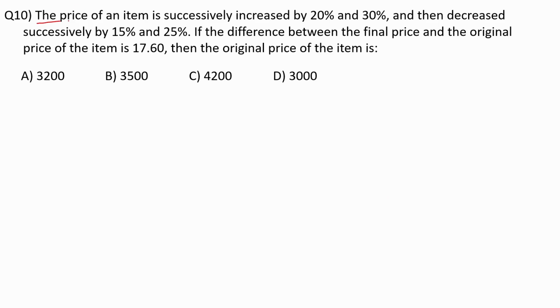The price of an item is successively increased by 20% and 30%, and then decreased successively by 15% and 25%. So in the first case it is increased by A% and B%. The value of A is 20 and the value of B is 30.